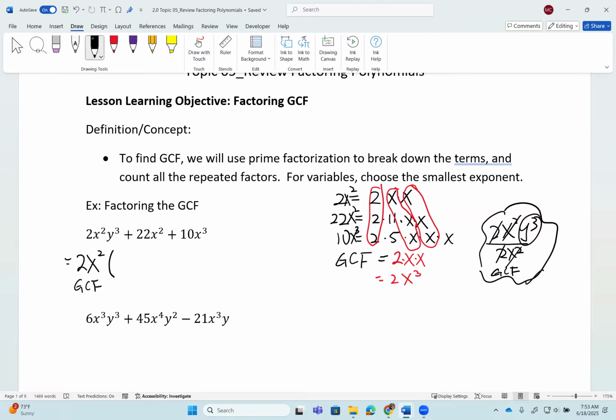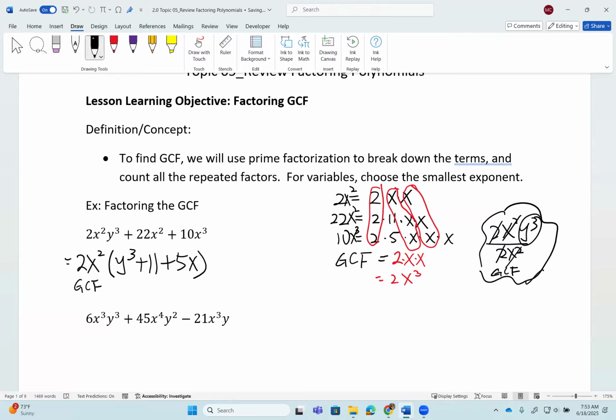So 2 going into 2 one time, factor out both of these x squared to the outside, no x left. So the only thing left for the first term should be y to the third. 2 going into positive 22, positive 11 times, factor out both of these x, no variable left for the 11. 2 going into positive 10, positive 5 times. Factoring out 2 x's from 3, right? Taking away 2 out of the 3, 1 x is left.